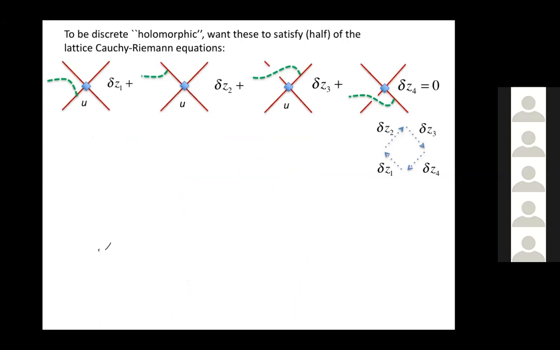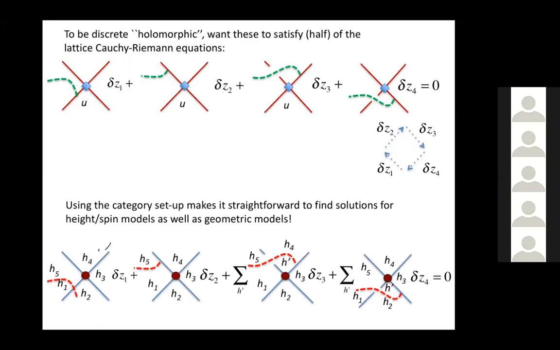What they called the discrete holomorphic equation is to sum over the 4 different configurations like this, where the dz's are just the distances there. I drew it in the square lattice, but you can generalize it to others. So this is, in category-type pictures, what they call the discrete holomorphic equation. And you can do it for the height models that I spent a lot of time talking about too.